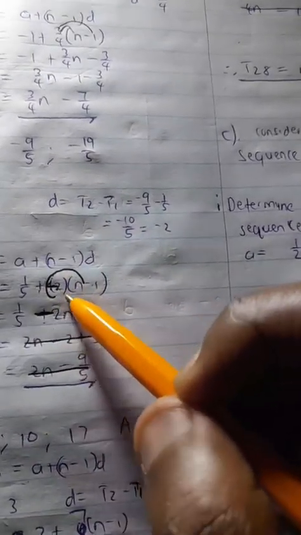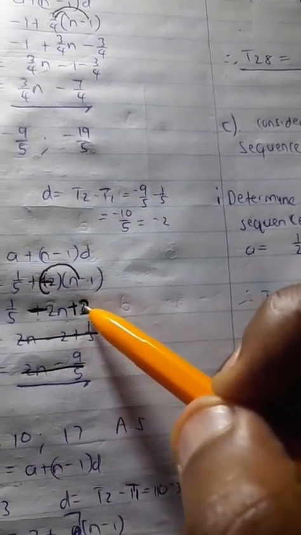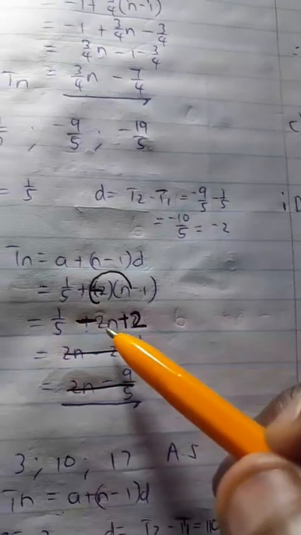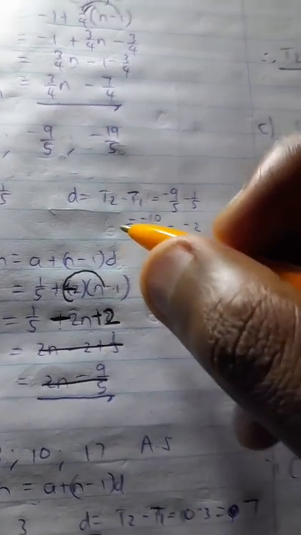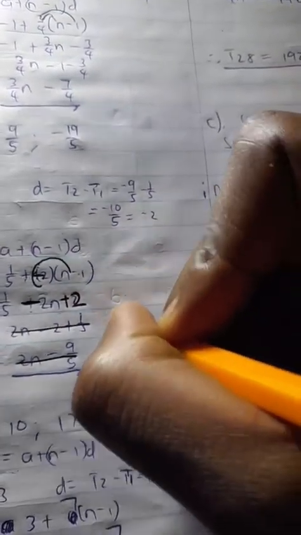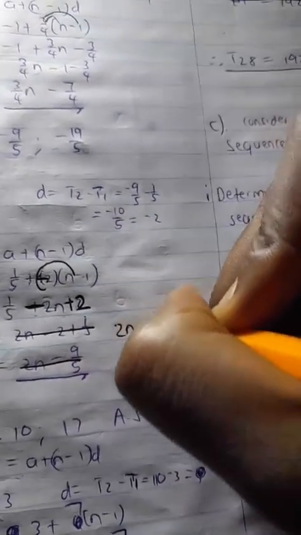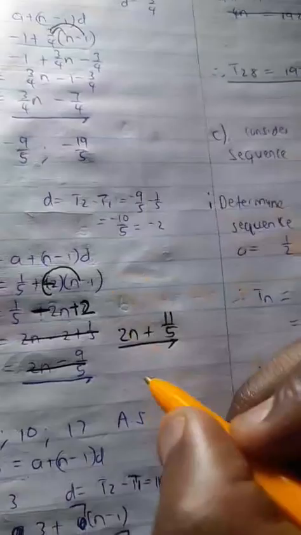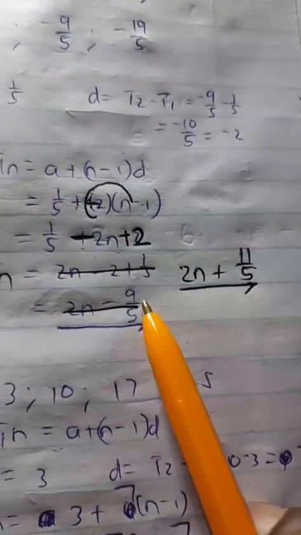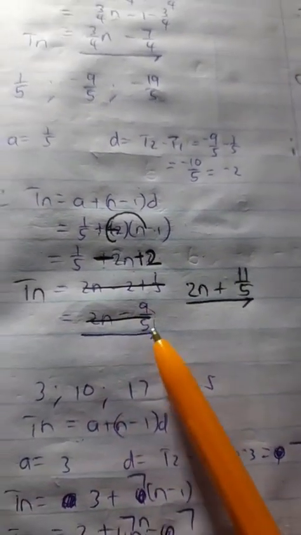Error was made there. So you take this negative 2n, you take the 2, you add it to the 1 over 5. That should give you a beautiful answer of what? Of 11 over 5. So the answer is negative 2n plus 11 over 5. That is my Tn. Okay, not this mistake that I made there.